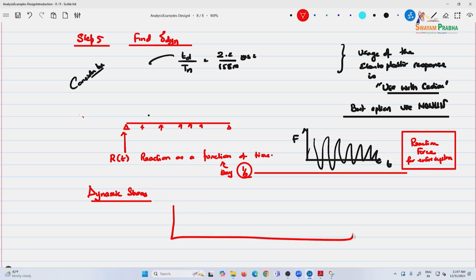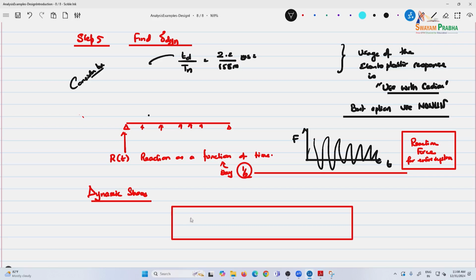And as we have seen yesterday, this is V of t, a coefficient.